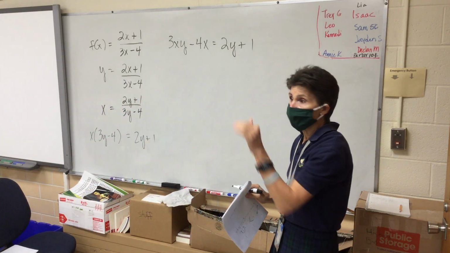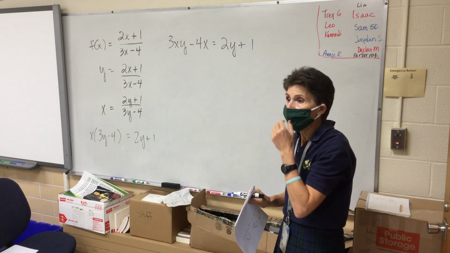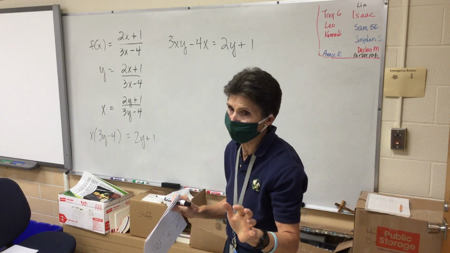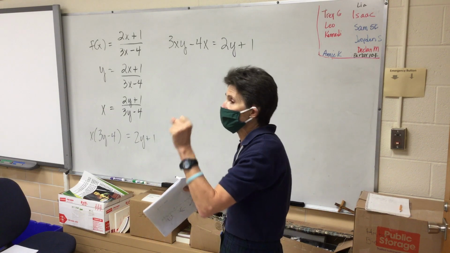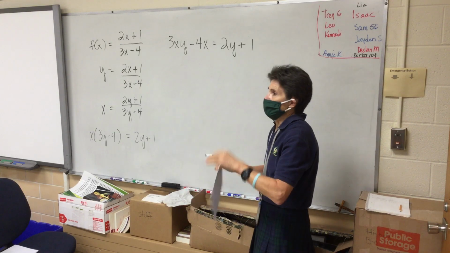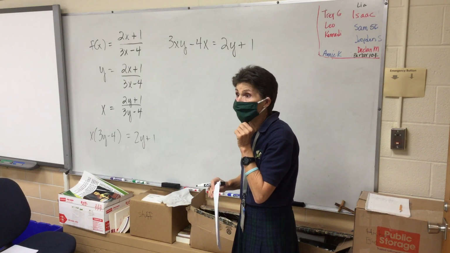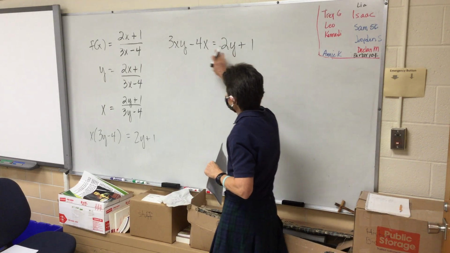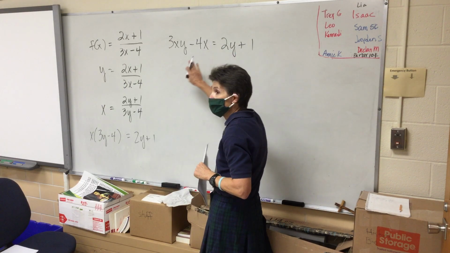Now, I am so grateful to William for saying that, because that is what most of you are going to do at some point. So my job is to keep emphasizing over and over again. William knows he's got to solve for y. He has to get y by itself. So he said, I'm going to subtract the 1 and divide by 2.